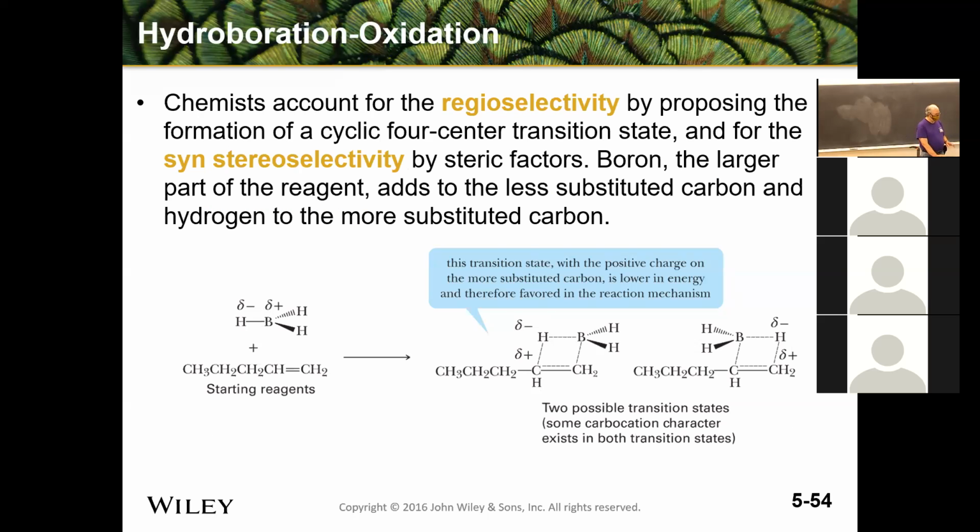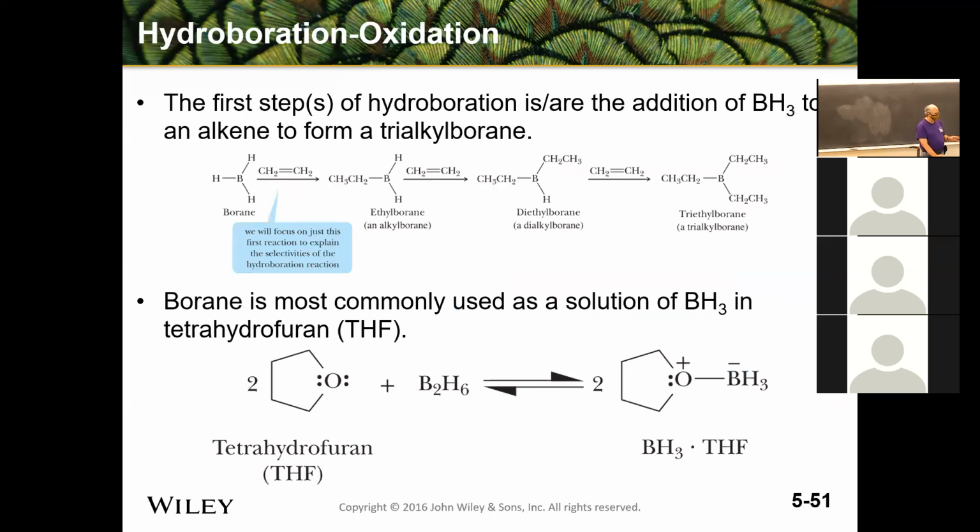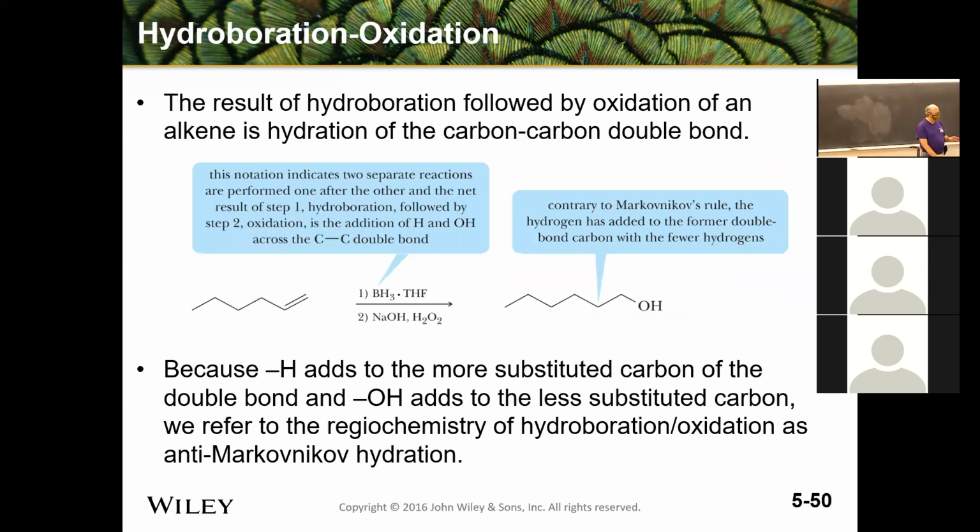The second step, which we didn't go through the mechanism for, let's go back here. You don't isolate the borane addition product. Instead, once this reaction is finished, then we use hydrogen peroxide and sodium hydroxide to produce an anti-Markovnikov alcohol.